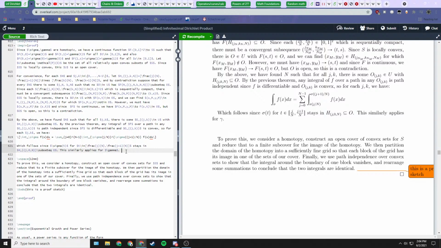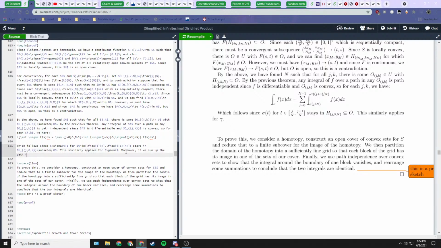And then we can say, moreover, if we sum up the path integrals around the edge, the path integrals between the corners of h sub j k n, we should also get 0.